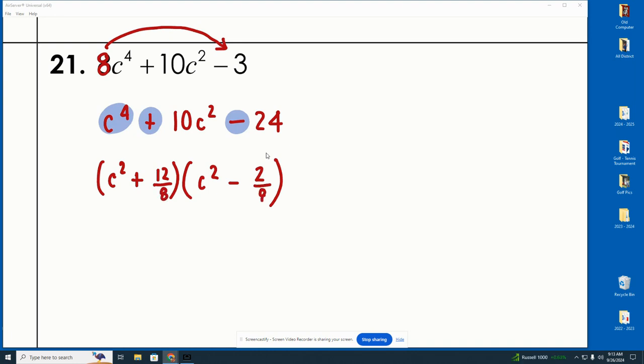And if it will reduce, we're supposed to reduce it. Will 12 over 8 reduce? What to? 3 halves. My fault. And will 2 over 8 reduce? What to? 1 over 4.